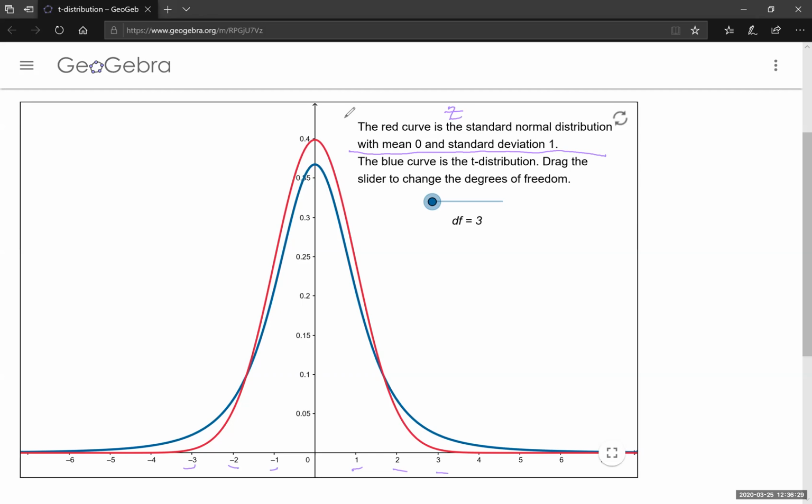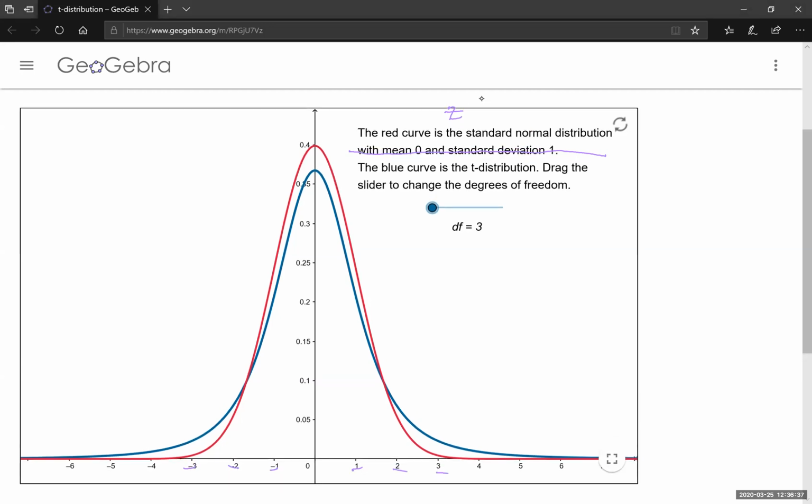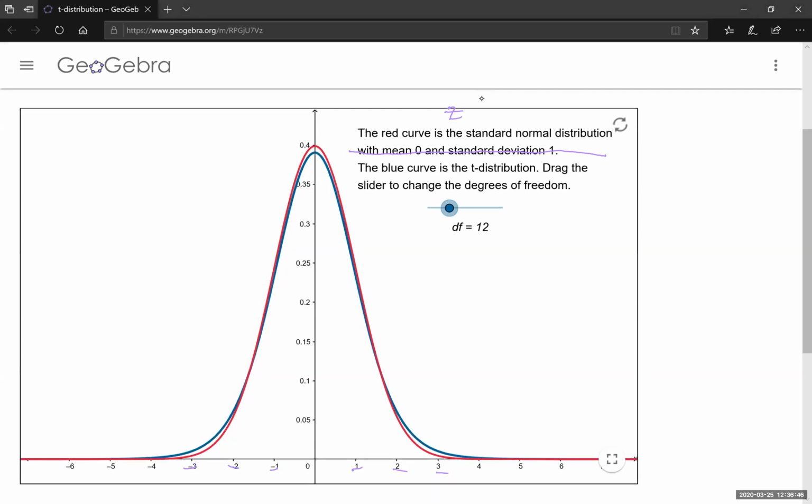The blue line is below the red line at 0, and the blue line is above the red line on the sides. But as we increase that degrees of freedom, the middle goes taller, the outsides go flatter, and the blue becomes the red. So kind of fun just to play with back and forth.